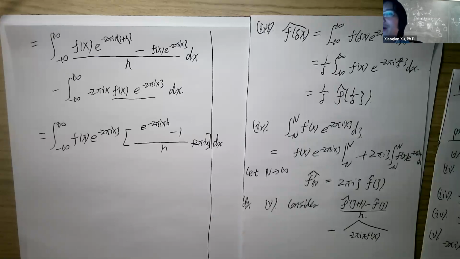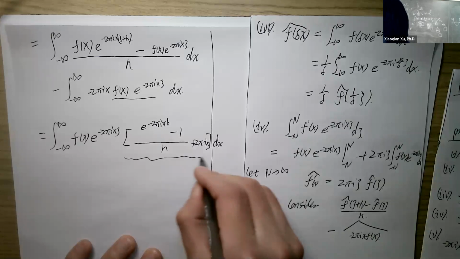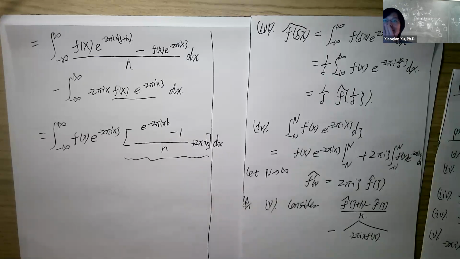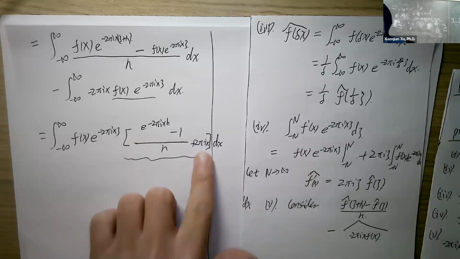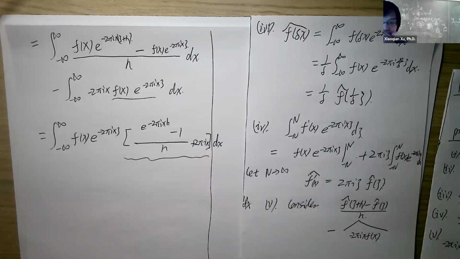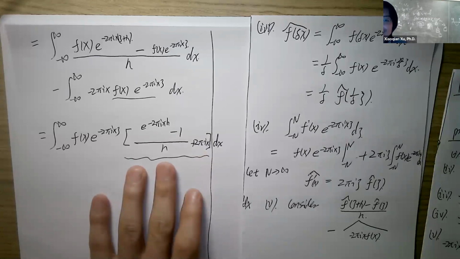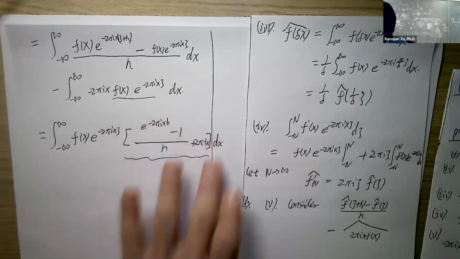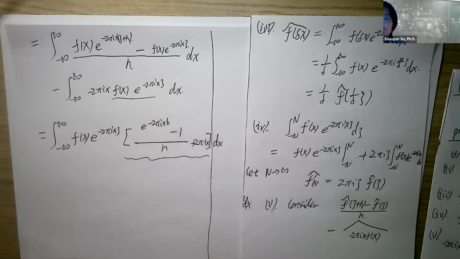So this is very good, at least good enough for us. The reason is, you can see that this part is almost the definition of the derivative of this function evaluated at 0. So when h tends to 0, this should equal 0, right?